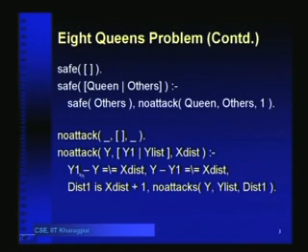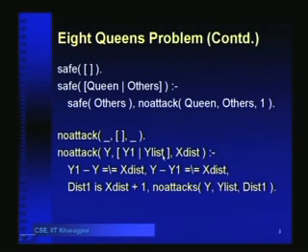That is being checked by these two predicates: y1 minus y is not equal to x dist, and y minus y1 is not equal to x dist. But we are not yet done, because there are other queens in this y list, and we still need to check that the queen at this y does not conflict with those queens.